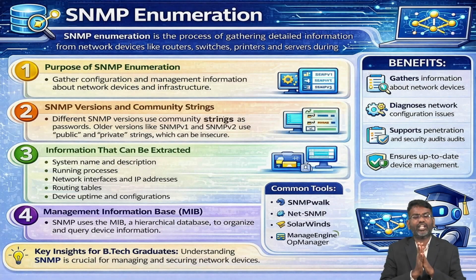SNMP mainly checks the network configuration. Once one particular system is configured into the network, SNMP will check whether all the systems have been properly connected in my network. In SNMP, we have the SNMP agent, and we have the SNMP protocol.